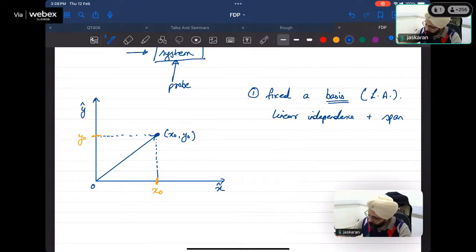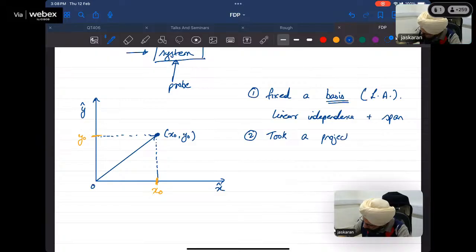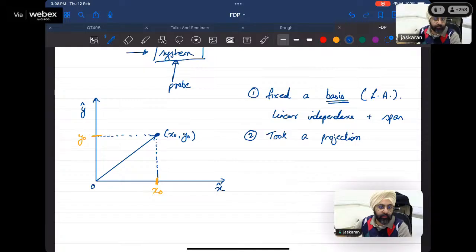This is a very important aspect when we talk about measurements. We have to fix a basis. Classical, quantum, whatever, we have to fix a basis as we just did here. We took the Cartesian coordinates as our basis, and that was our first step. Secondly, we took a projection along the basis vectors.